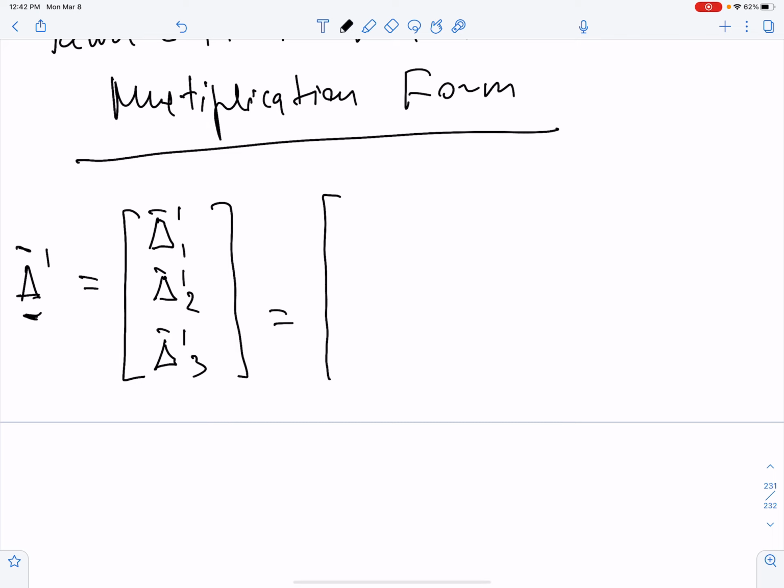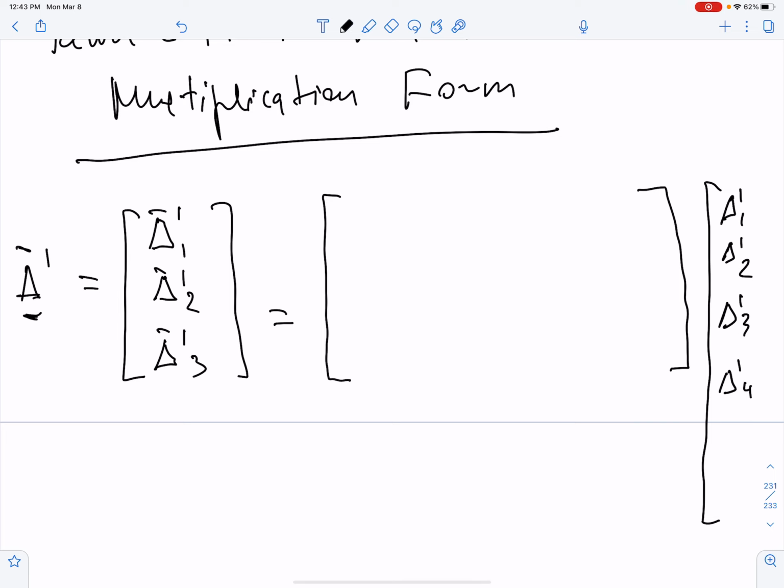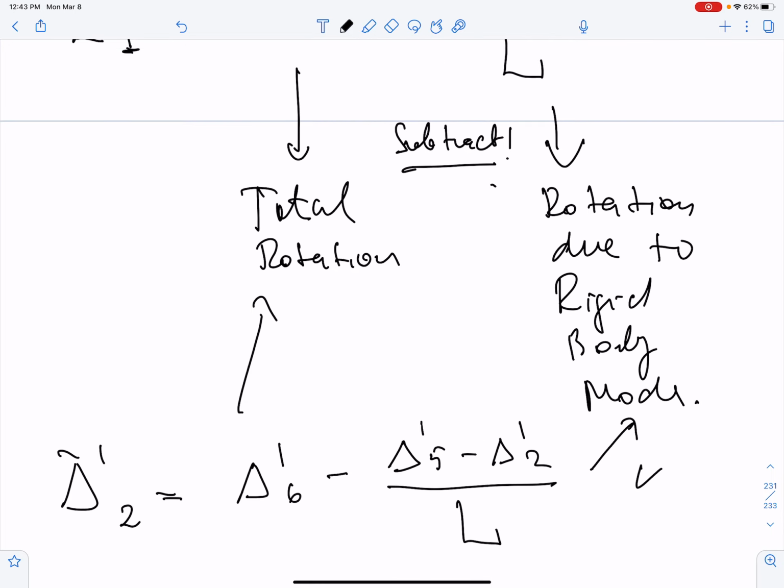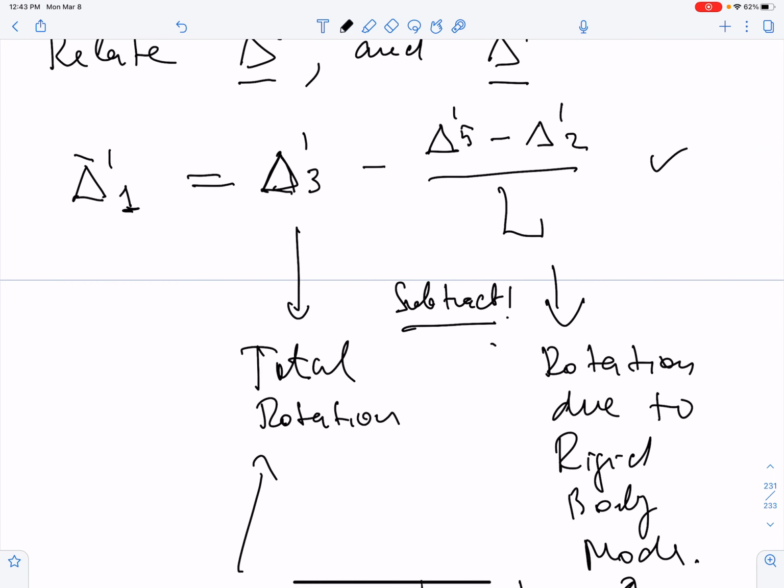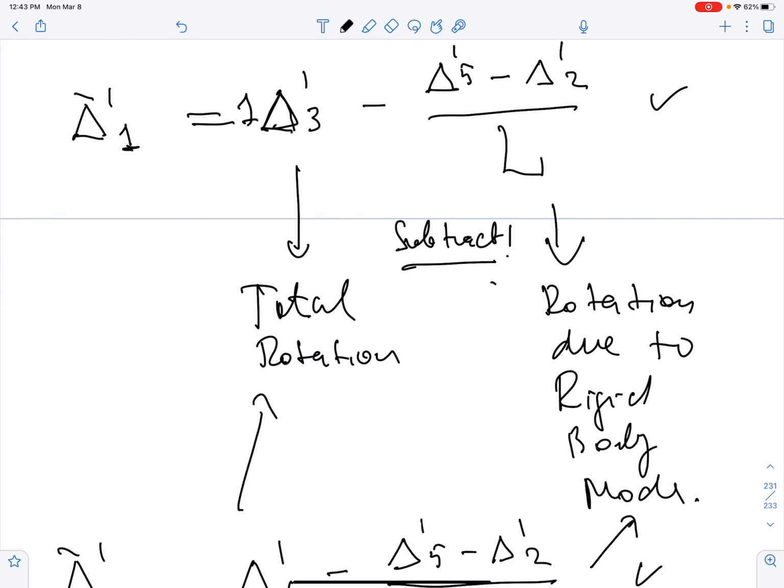Well, you're going to get a matrix, and that matrix will multiply the delta primes: delta prime 1, delta prime 2, delta prime 3, delta prime 4, delta prime 5, and delta prime 6. And so your remaining task is to look at the expressions here and populate the entries of that matrix. So the first row will have a 1 that multiplies delta prime 3, minus 1 over L that multiplies delta prime 5, and 1 over L that multiplies delta prime 2.